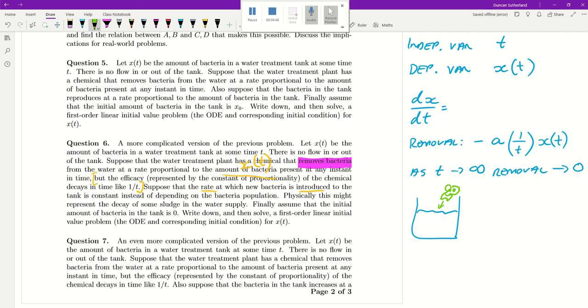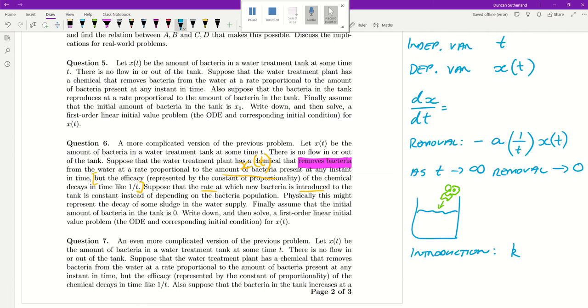So we've got an introduction term, and that's just constant, so let's call it k. No t dependence, no x dependence, nothing. It's just a constant flow of bacteria creeping into this tank. But we assume that the bacteria is small enough and the rate is small enough that this doesn't actually change the volume of the tank.